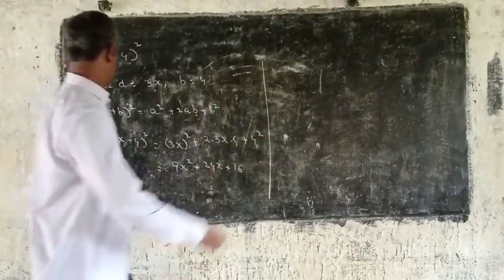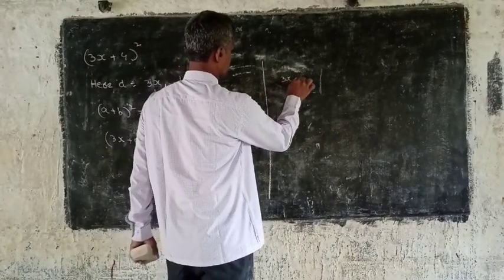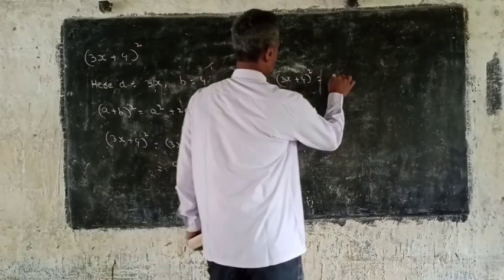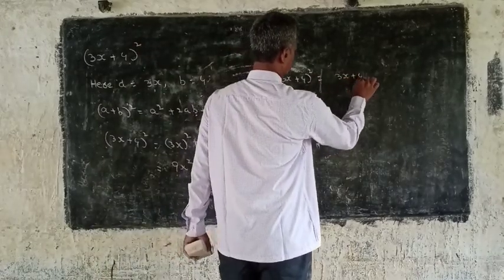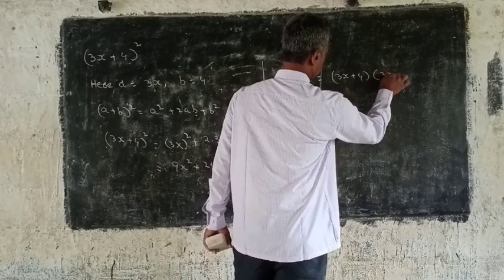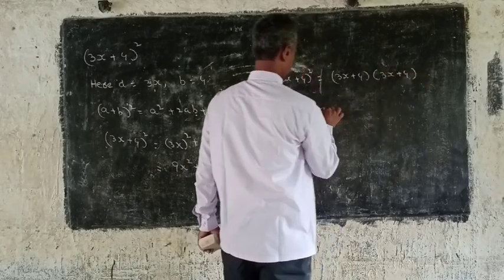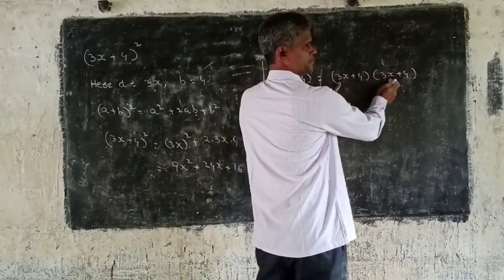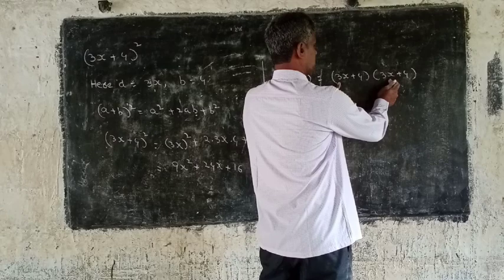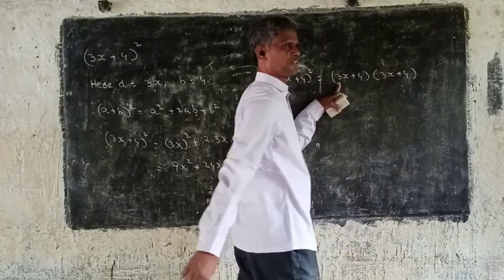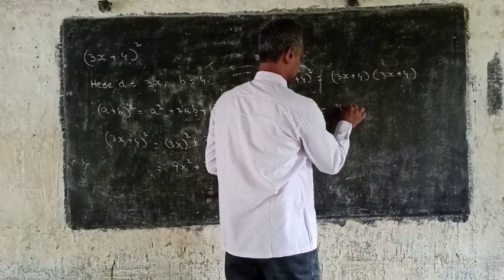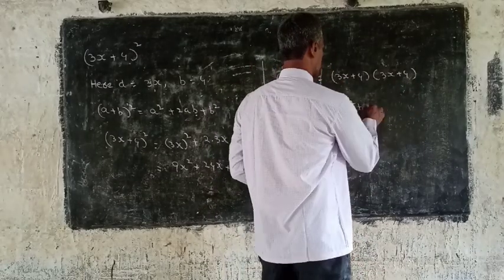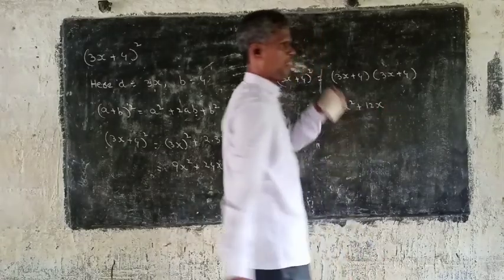Next method, (3x plus 4) into (3x plus 4). 3x into 3x equal to 9x square. 3 3s are 9. x into x equal to x square. 9x square plus 3x into 4. 4 3s are 12x.